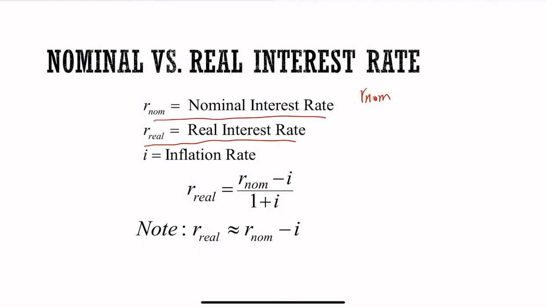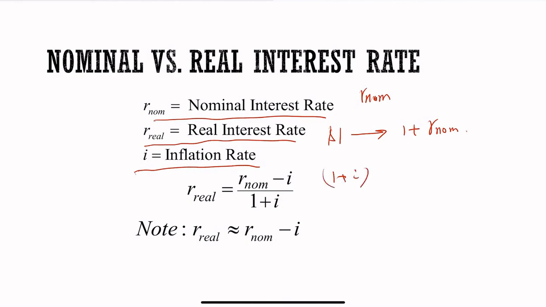And let's say I refers to the inflation rate. So let's say you have $1, right? And after 1 year, this will become 1 plus the nominal interest rate. But you can see that you get this amount of money because of two things. The first is inflation.